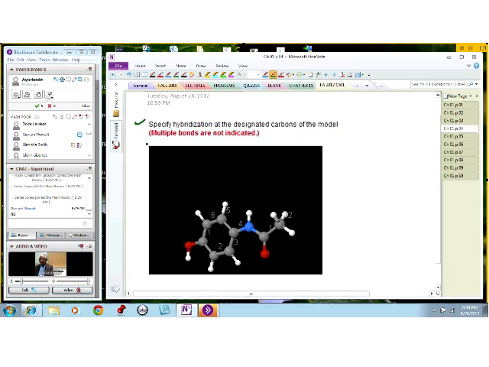Okay, so what they want us to do here is to specify hybridization at the designated carbons of this molecule here. In other words, they have identified some of the carbon atoms here, and what they want us to do is to identify the hybridization. Okay, so let us start.